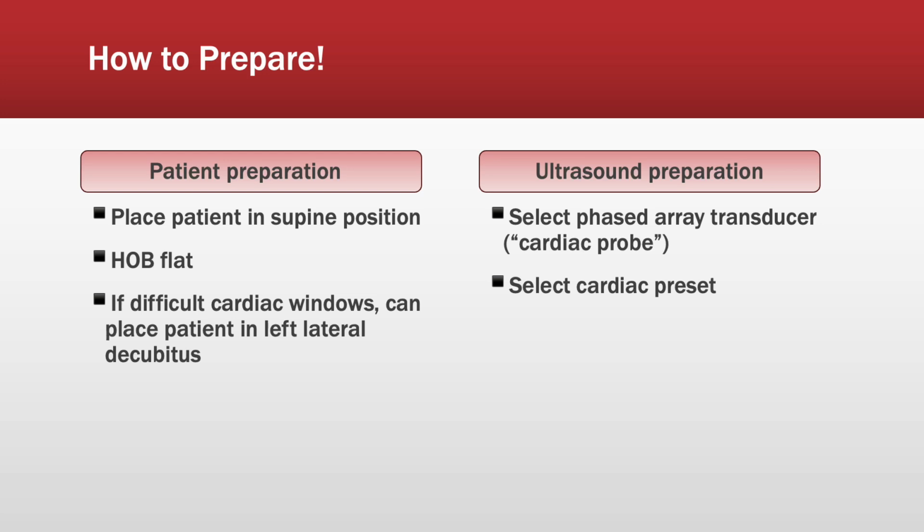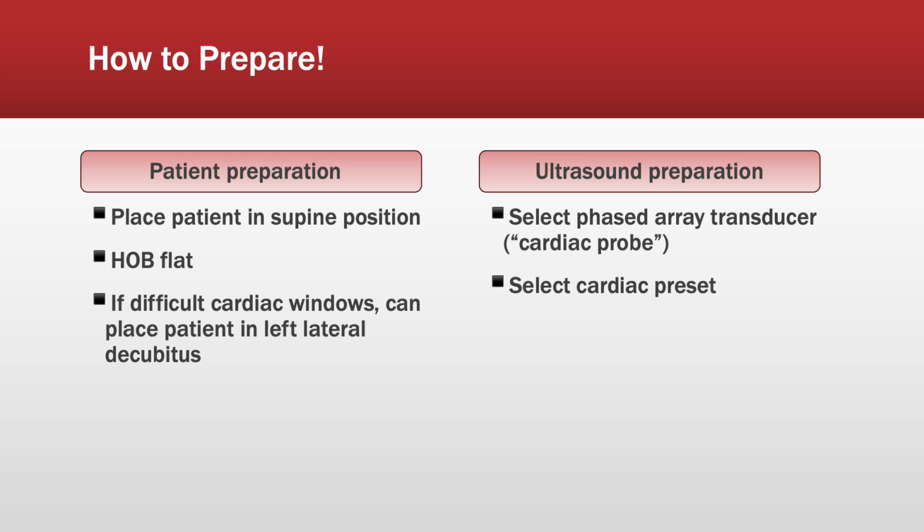Now, I want you to keep in mind that when you select the cardiac preset, you still might have to manually optimize your settings, like your gain and your depth, in order to get the best images possible.